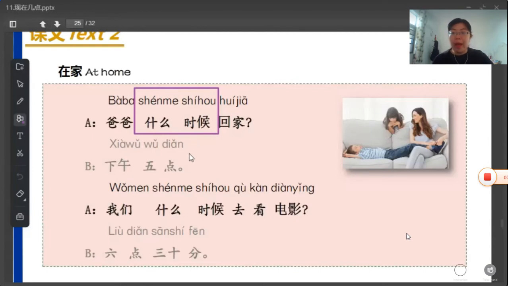But we can also say 爸爸7月回家 or 爸爸11月6号回家. 什么时候 can mention all kinds of methods to describe the time. 我们什么时候去看电影？6点30分. 什么时候 asks for the time, so we should put it after the subject.